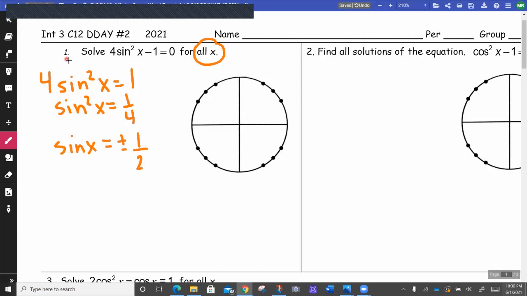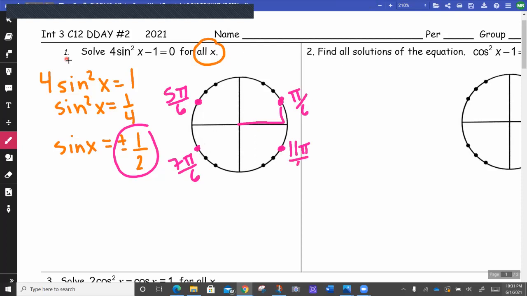So I'm going to want long, short, because I want my y to be short. So I'm going to go long, short, which puts me here at pi/6, which also means I'm here at 5pi/6. I'm also here at 7pi/6, and here at 11pi/6.